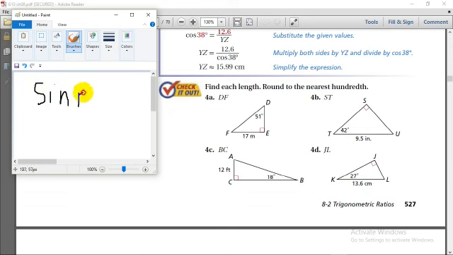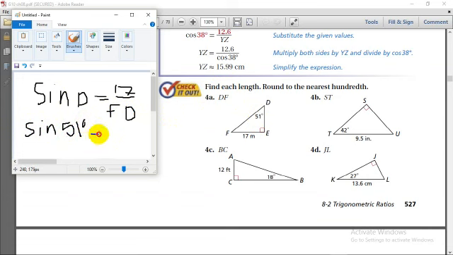Sine D equals the opposite, which is 17, over FD, which I want, the hypotenuse.